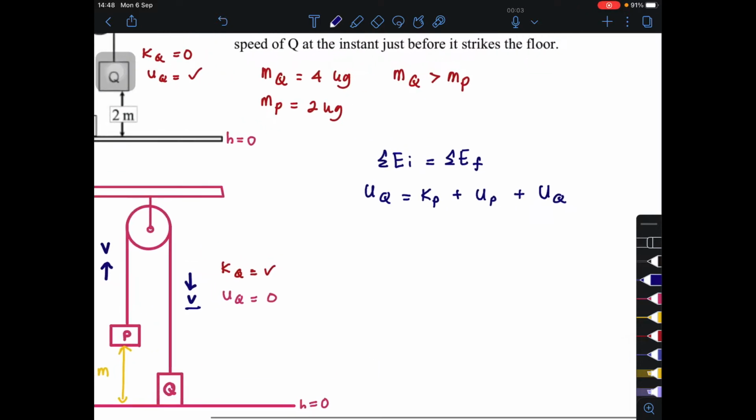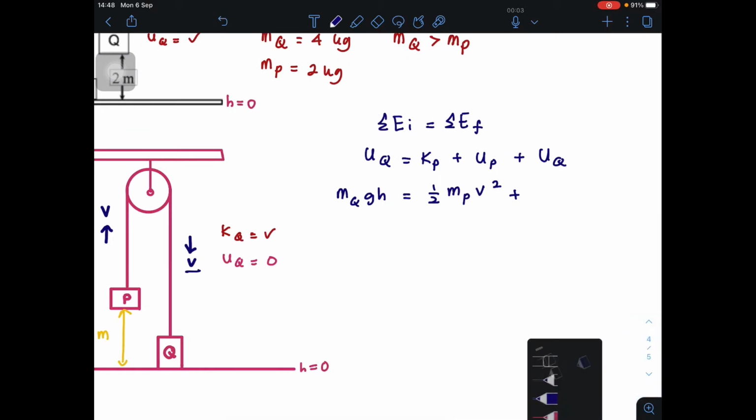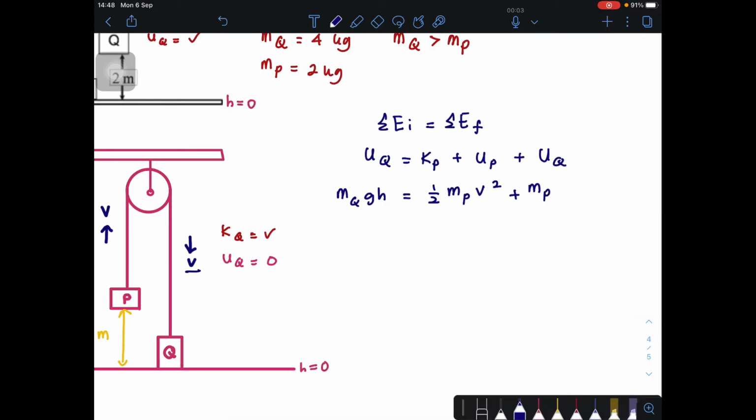And then write out the formula for each of these. So here, m_Q g h equals half m_P v squared plus m_P g h plus half m_Q v squared.